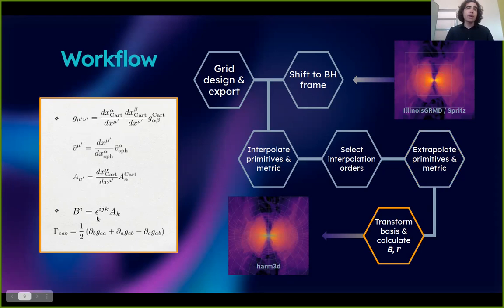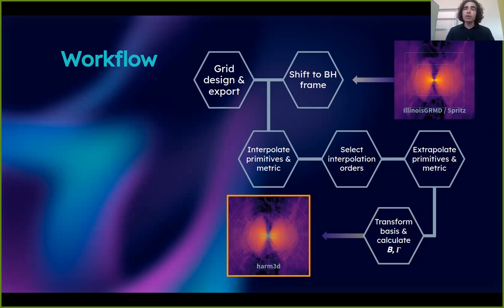This is very important because this ensures that this magnetic field will not have divergence-B violations because of interpolation errors, since it comes directly from a curl. And we also calculate the space-time connections for this numerical metric that we received. And that's it. Then we are ready to evolve the system in HARM3D.